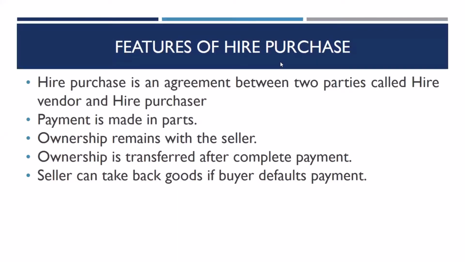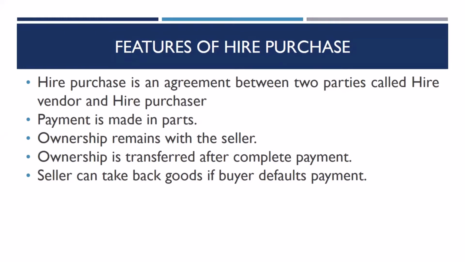Now we will be talking about the features of hire purchase. For hire purchase to happen, it has to be between two categories of people. You have a buyer and you have a seller. In the case of hire purchase, the seller is referred to as the hire vendor.